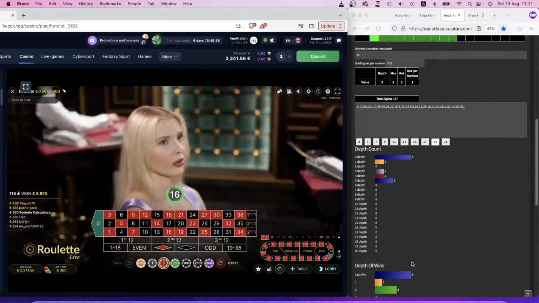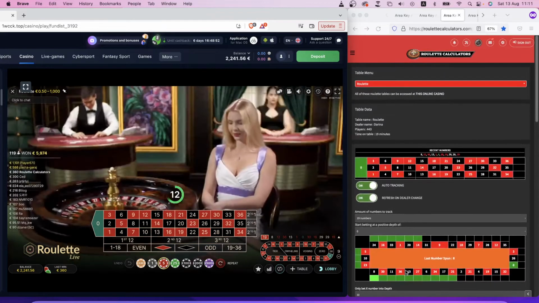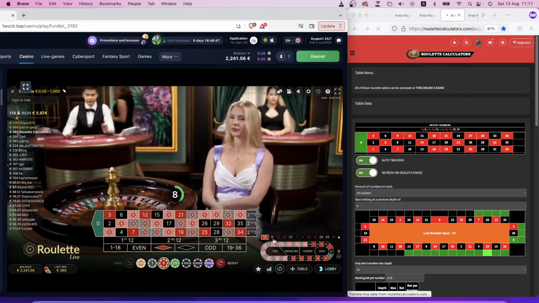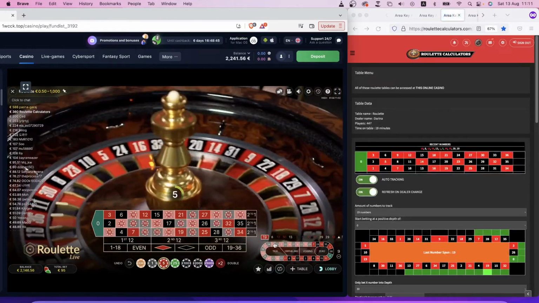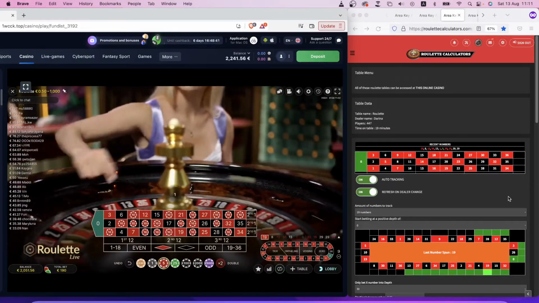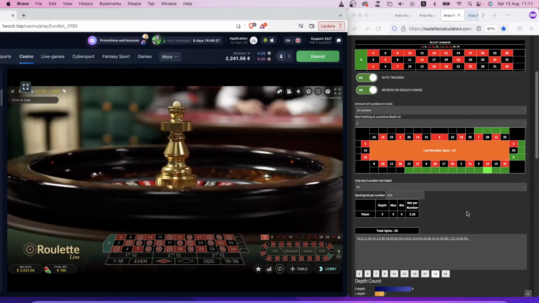So now on a depth of 3. Now, it's gone above a depth of 3 a few times. So let's see if we can get away. I'm going to cover up to number 29. See if that goes to a depth of 4.